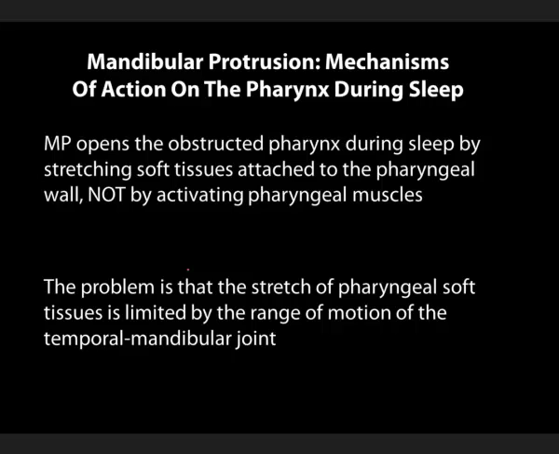I can tell you that we can passively stretch it forward a little bit more if we have an active device doing that. But if we think about just the limit that we have of being able to move the jaw forward, it's limited by ligaments and stretchy tissues and muscles and just the general shape of the temporomandibular joints and the parts associated with them.